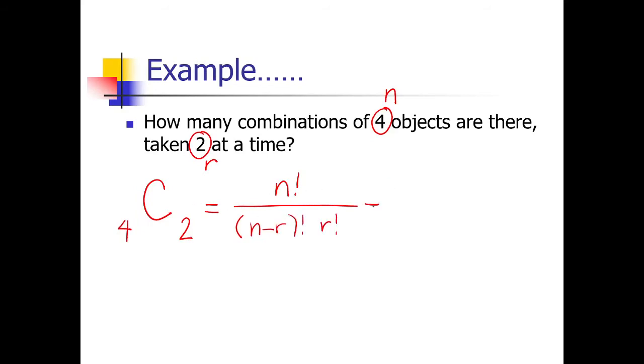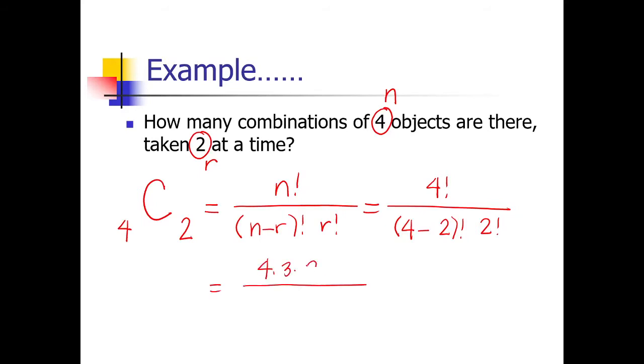We now know that n is equal to 4, so 4 factorial all over 4 minus 2 factorial times 2 factorial, which will give us 4 times 3 times 2 factorial over 2 factorial, then we have 2 times 1.